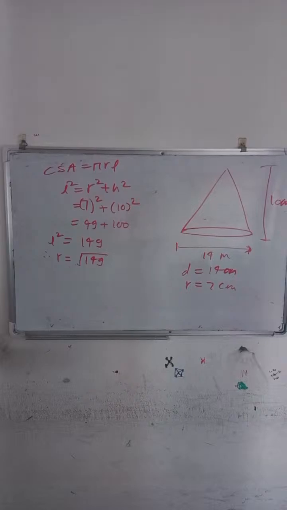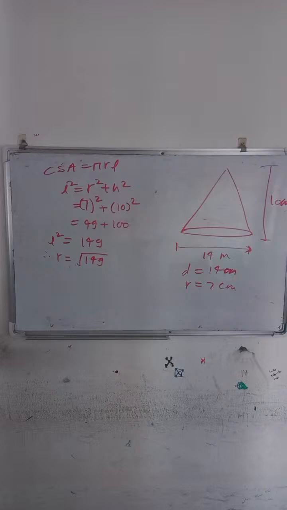Check. Actually, in the case-based question, instead of calculating CSA as pi r L, they are indirectly asking how much cloth was used for the floor. Floor means that circular portion.